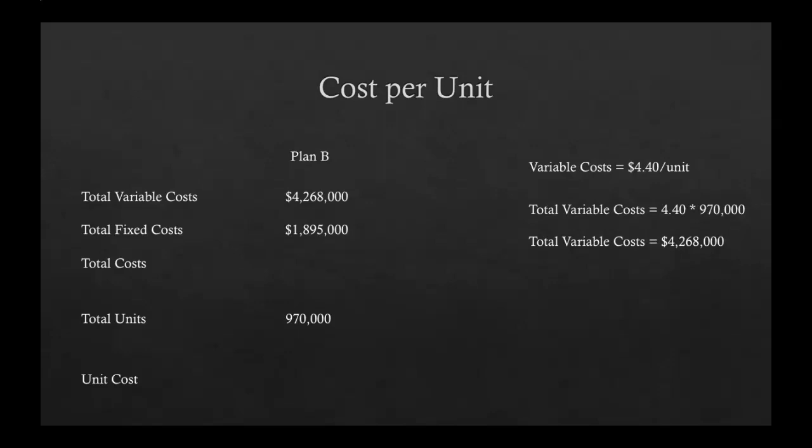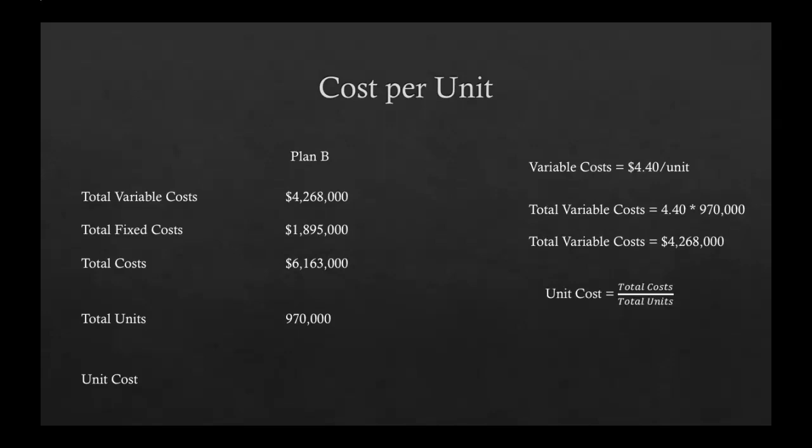Now that we have our total variable and our total fixed, we can find our total cost under plan B by adding together our variable and fixed, and we end up with a total cost of $6,163,000.